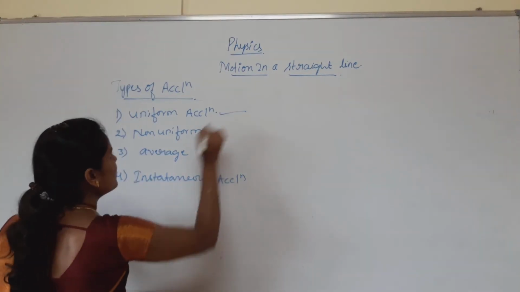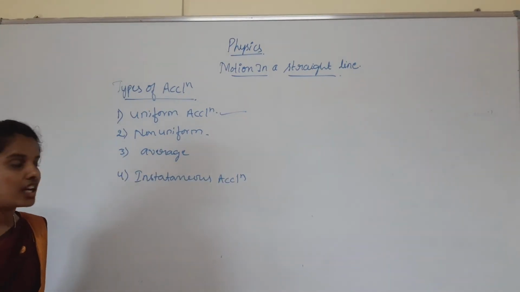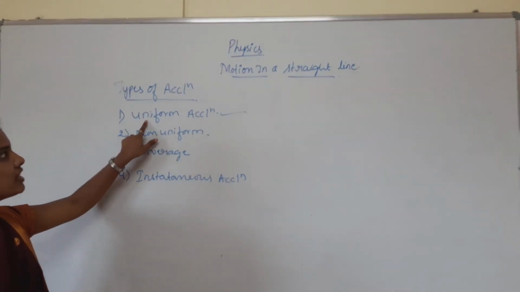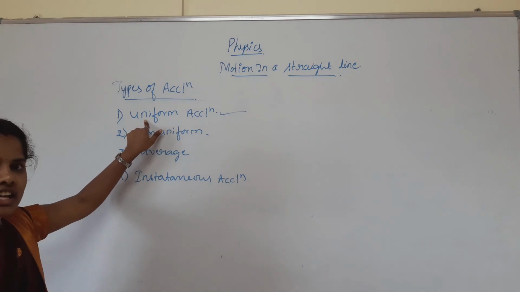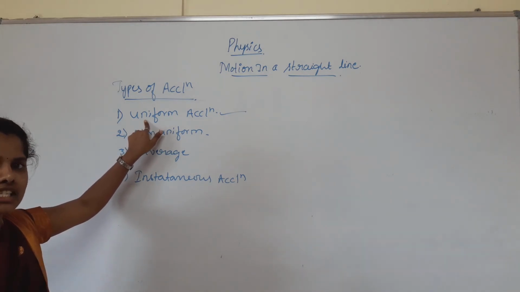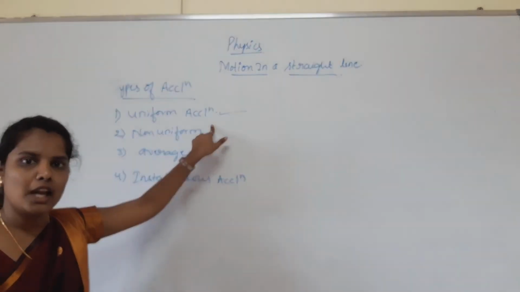So the first one is uniform acceleration. It is the acceleration of a body.